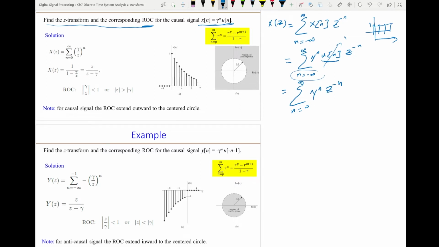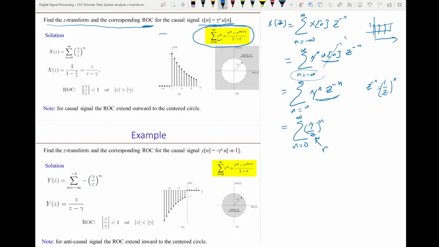Now to carry out this summation, we will be using the summing formula, which is this one. To make my term here look like r to the power of n, I will do the following. z to the minus n is the same as 1 over z to the power of n. So this will be just gamma over z, to the power of n. Now this is my r.